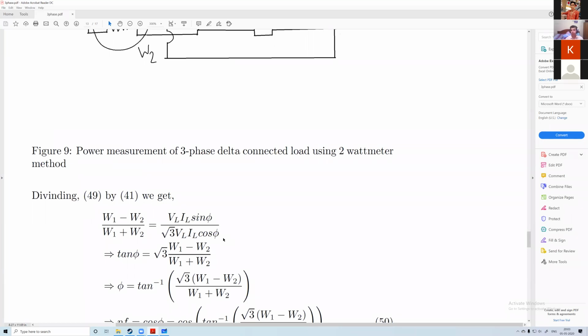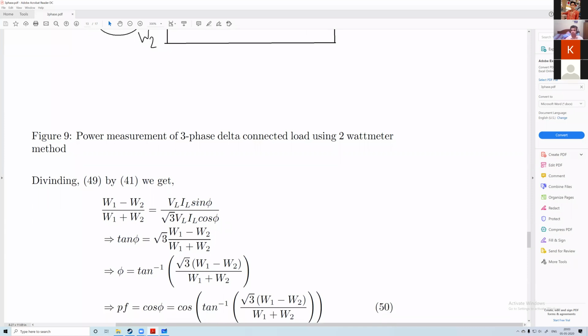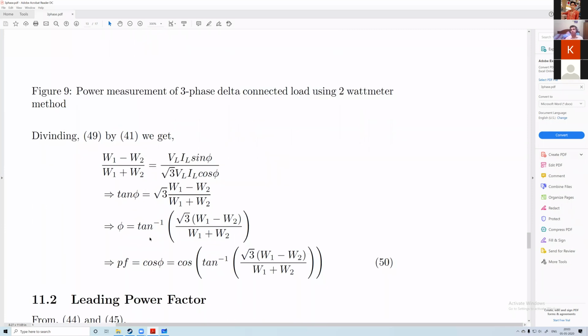Simply dividing the two things. So VL IL gets cancelled out. So tan phi is this one. So what is phi? Tan inverse of this. And what is power factor? Cos of this.